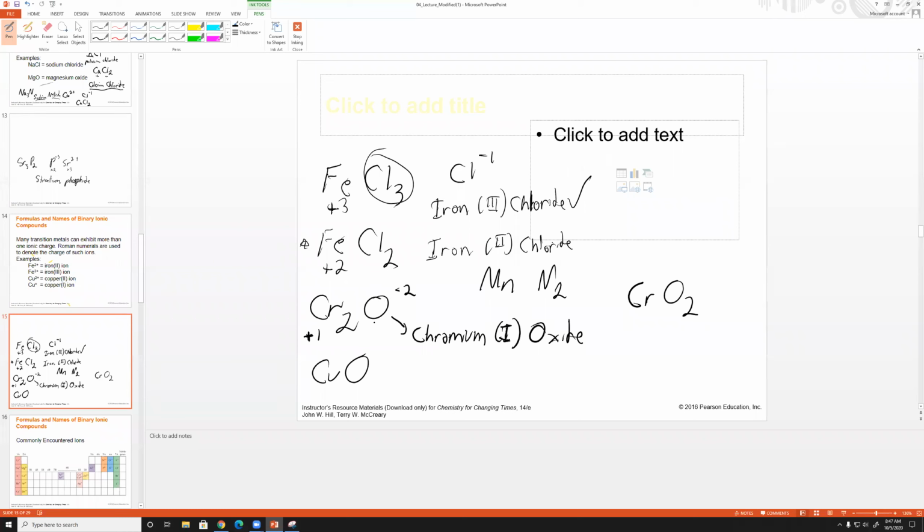There's only transition metals. So for all these cases, what you're basically doing is looking at the nonmetal, what comes second, and figuring out the charge. After you figure out the charge, then you look at the metal and figure out what the charge of this metal has to be in order for the positives to equal the negatives.